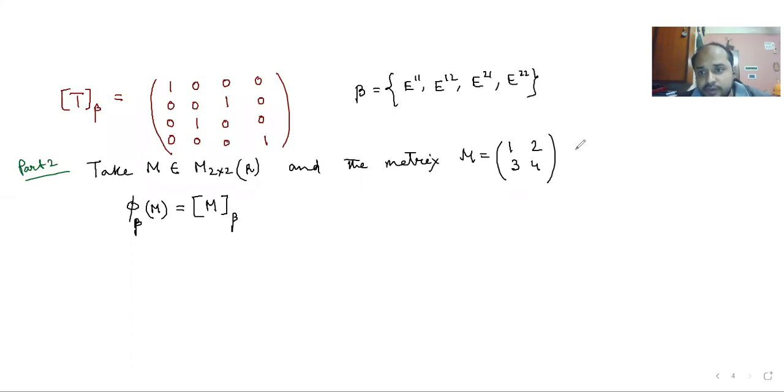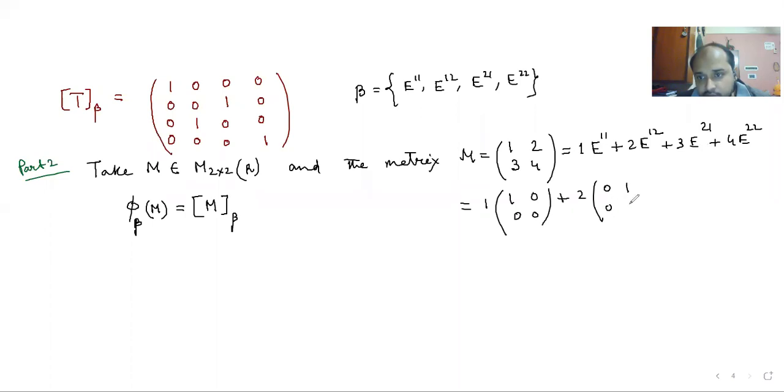I can express this 2 by 2 matrix with respect to these basis elements as follows. I can write it as 1 into E11, 2 into E12, 3 into E21, 4 into E22. What does it mean? It means 1 into 1 0 0 0, 2 into 0 1 0 0, 3 into 0 0 1 0, and 4 into 0 0 0 1.